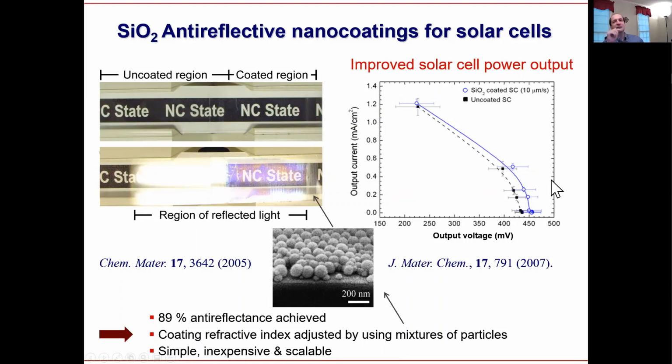Later on, at one conference, I saw some guys from Germany, many years after we published our papers, who said, oh, we came up with something very cool, making anti-reflective coatings for solar cells out of silica spheres. And we have a patent, so we are now making this big factory in China for anti-reflective coatings because we have patented that.